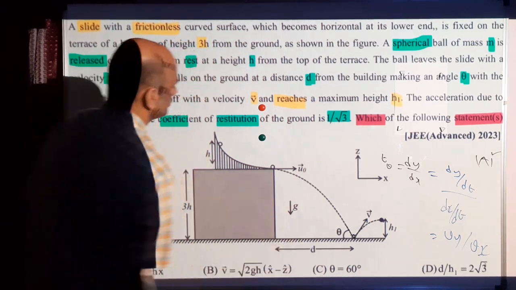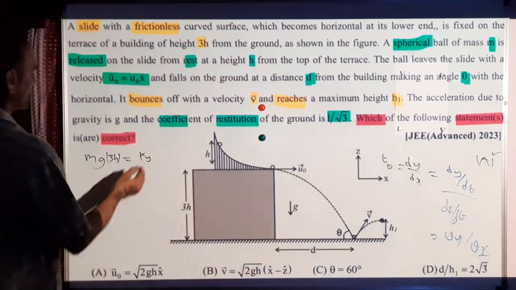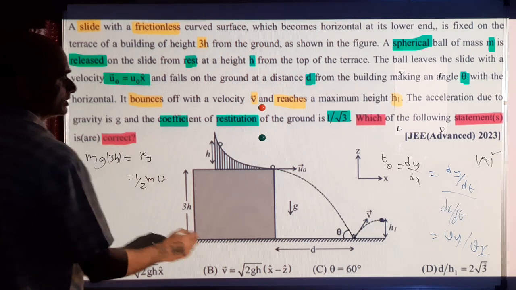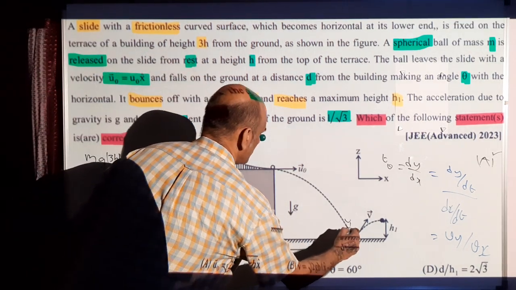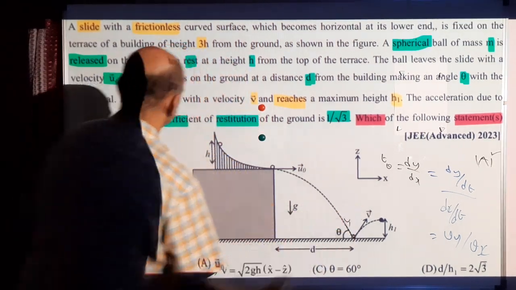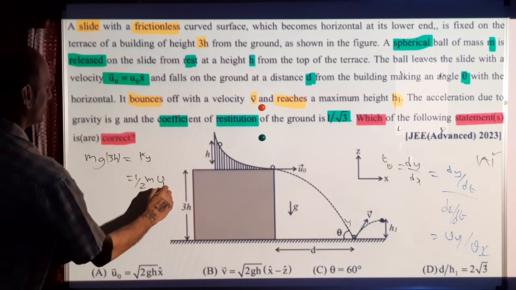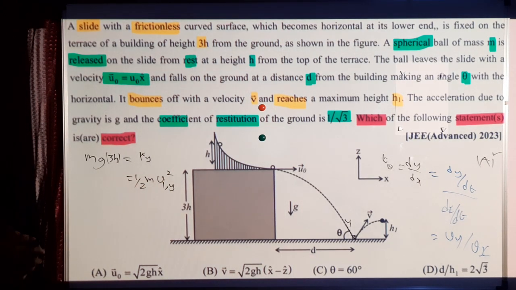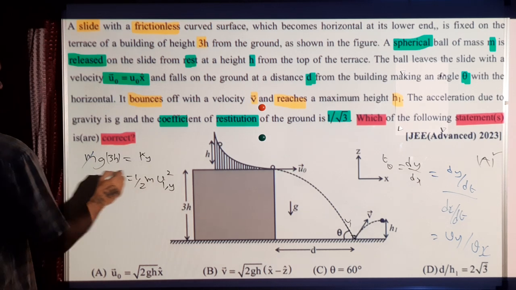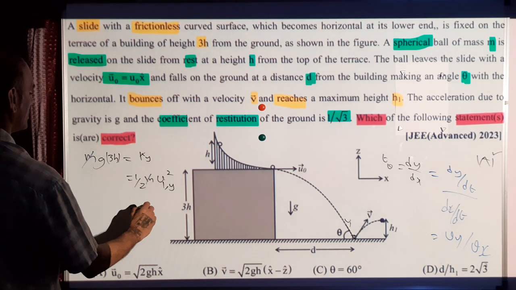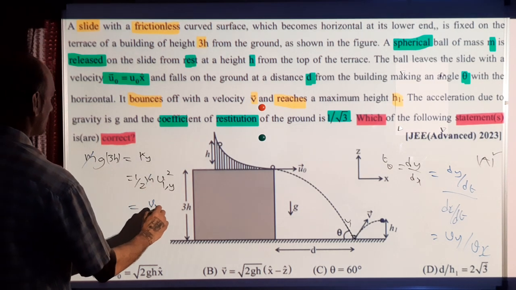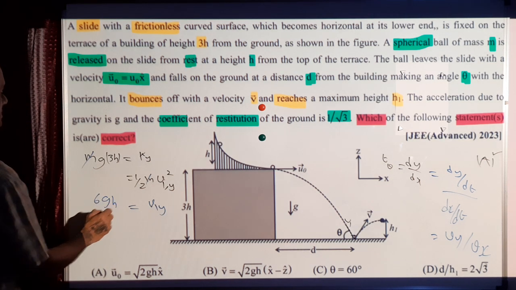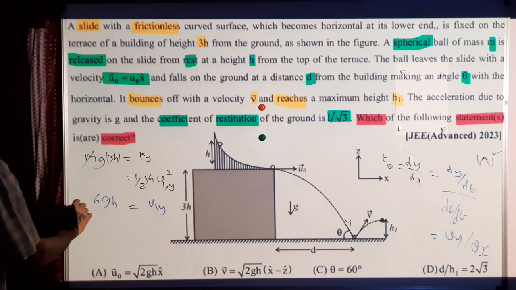The vertical component of the kinetic energy is half m v1y square, where v1 is the velocity before collision and v is after collision. Cancel m. So v1y is square root of 6gh.